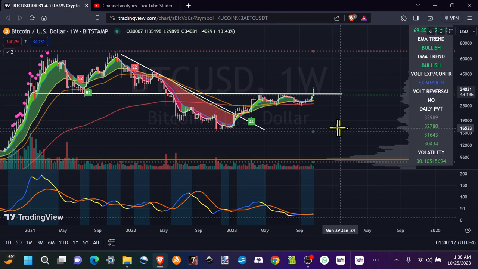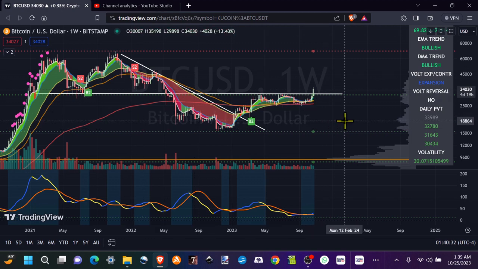And I would probably want to see some kind of pullback, even on a short time period, the 4 hour, the daily, whatever, or the market cooling off to get a little bit of a better entry.